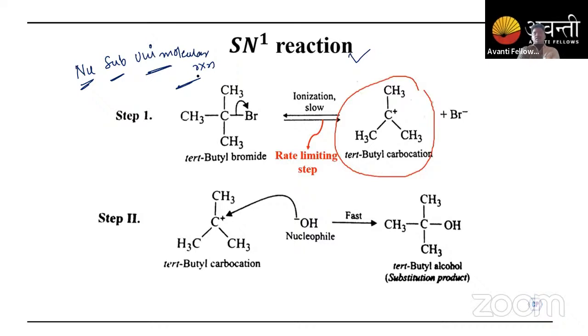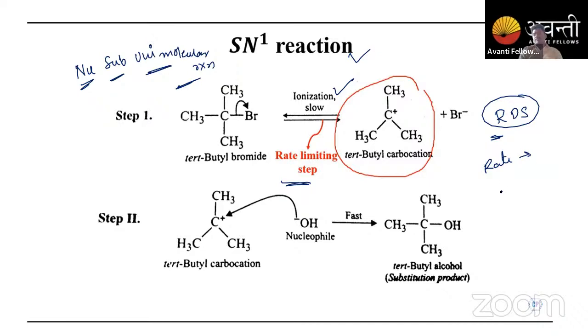The reason is, in SN1, the first step is the slowest step. The slowest step is also called the rate limiting step or rate determining step. So what is rate here? Rate is simply the change in concentration divided by time.